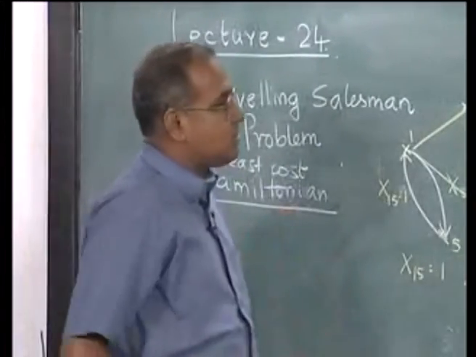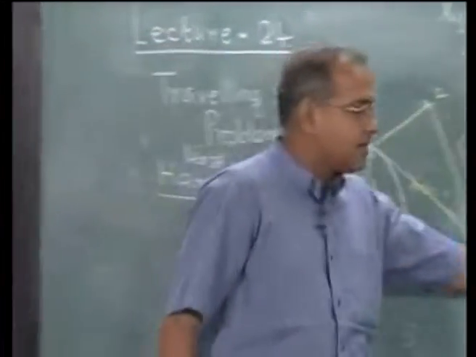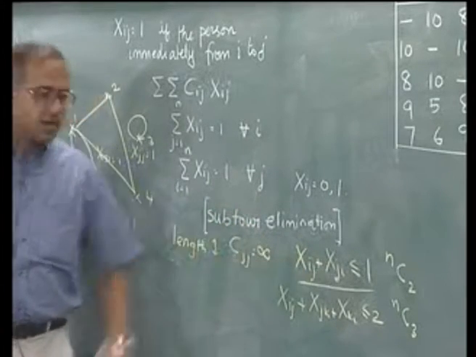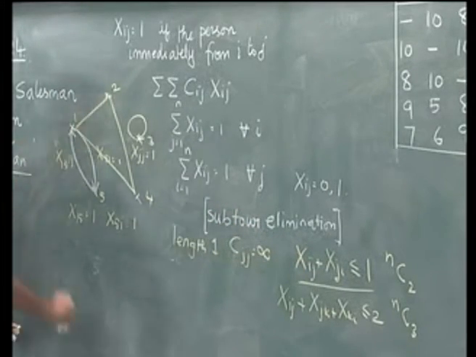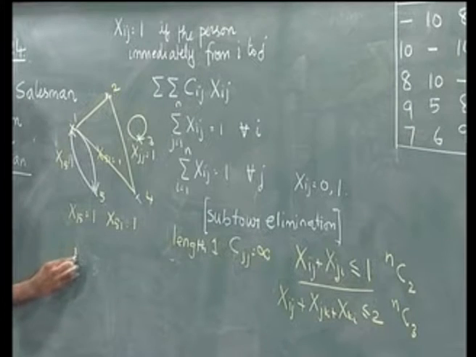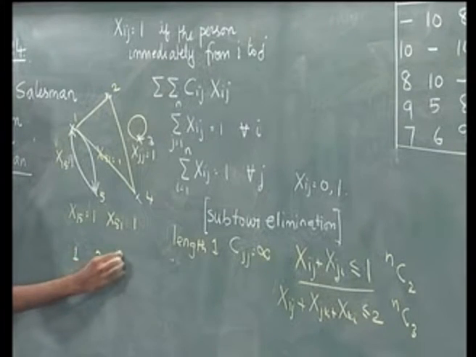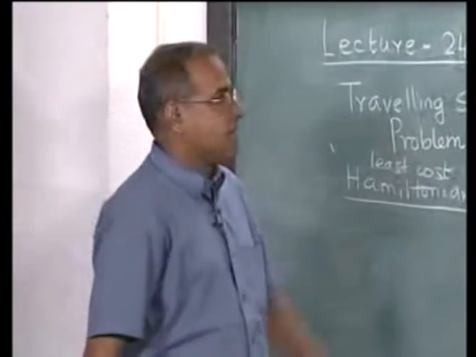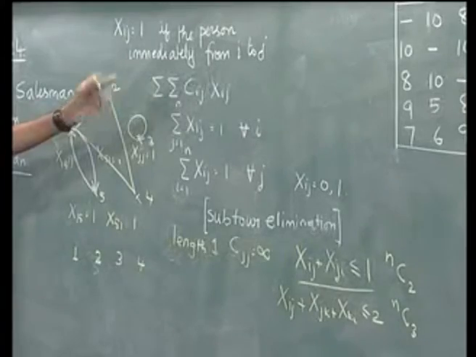Now, the next issue is, can we still reduce the number of constraints from this particular number? Let us go back and look at the same example. We have to eliminate subtours of length 1, subtours of length 2, subtours of length 3 and subtours of length 4. We are solving a 5 city travelling salesman problem.